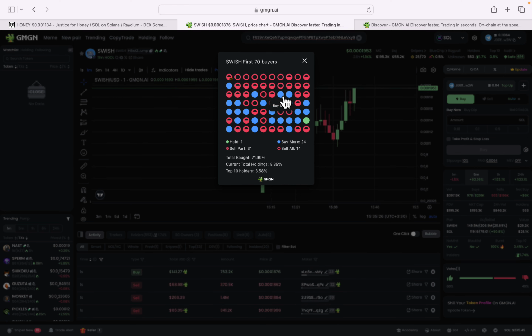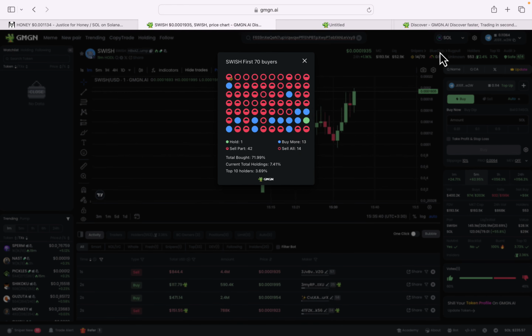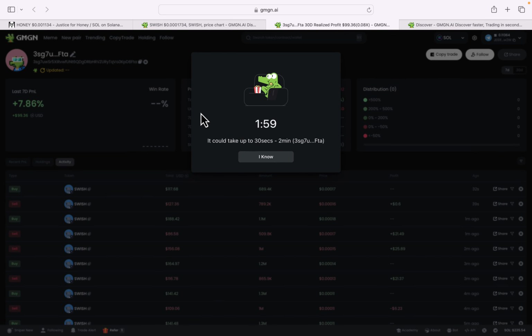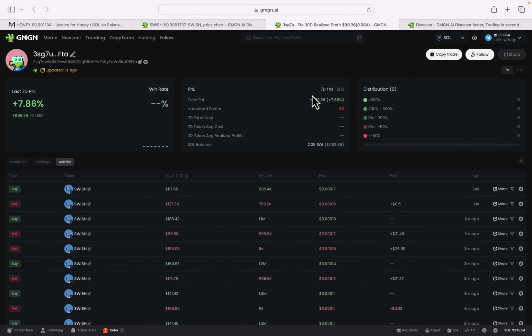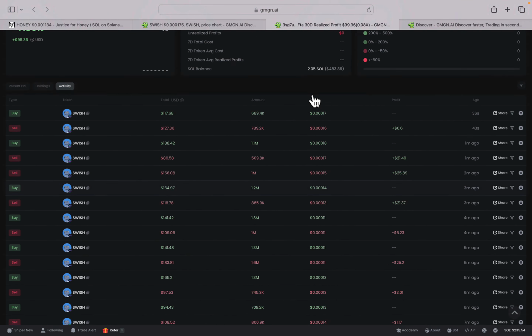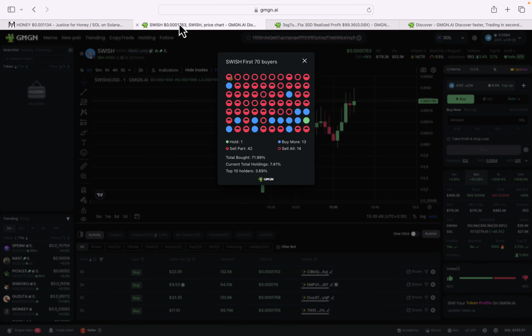It seems they've sold their tokens, but as you can see, so many blue circles. These are people who already bought the token, and they bought even more as time passed. I think they sold their wallets. Let's check them. No, actually, as you can see, so many blue circles sold their tokens.